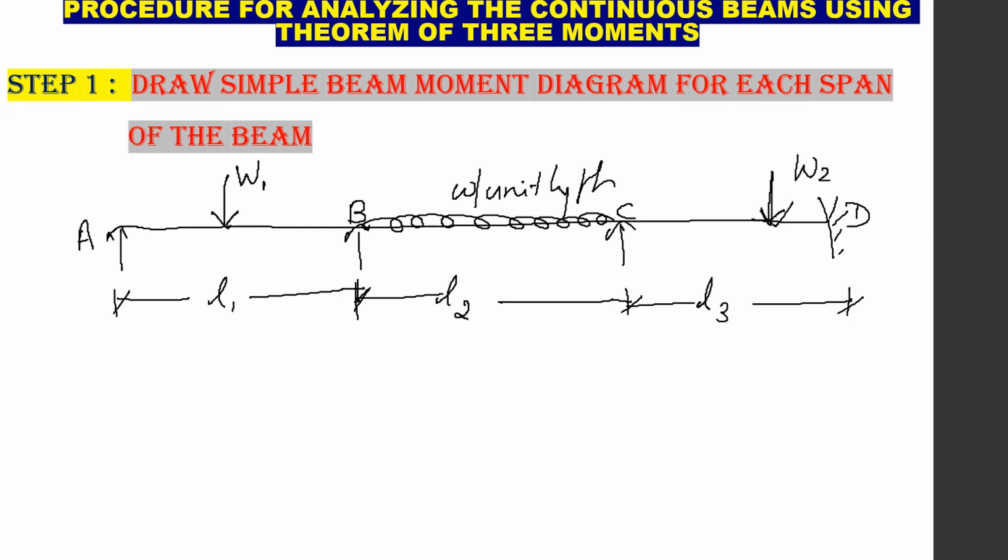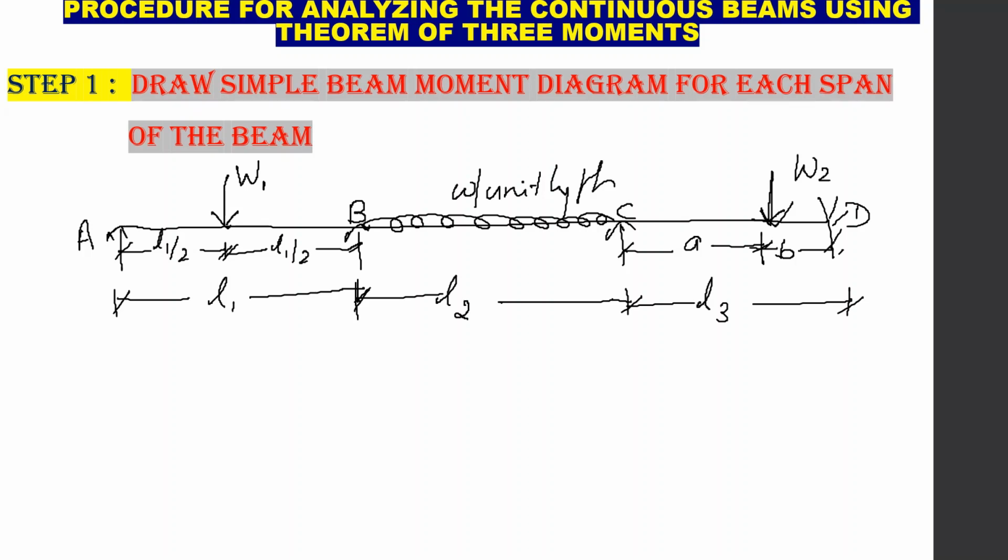This W1 is at the center of the span, so this distance is L1 by 2 and this distance is L1 by 2. Here the distance is different, so for span CD, we can take the distances where the load is acting as A and B.